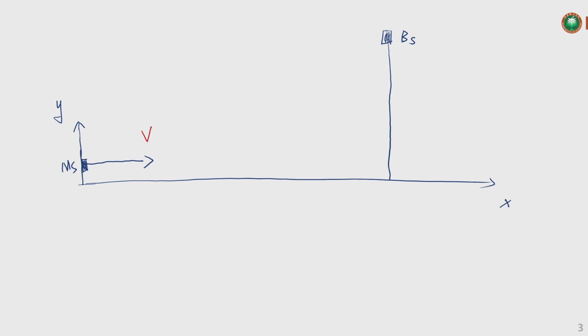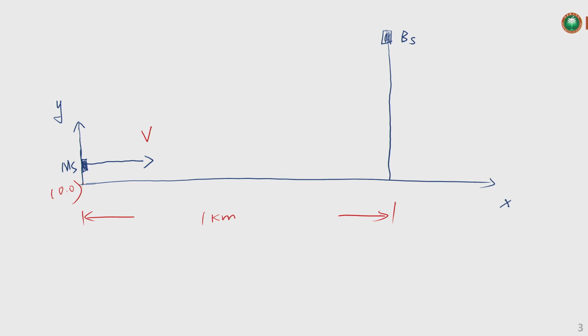So it only moves along the x-axis, and here is the original point, 0, 0. The total distance between the mobile receiver and the base station is 1 kilometer.